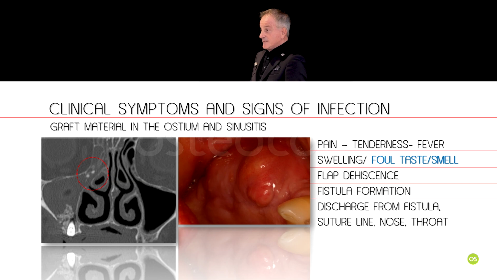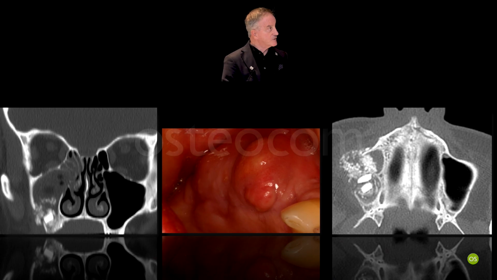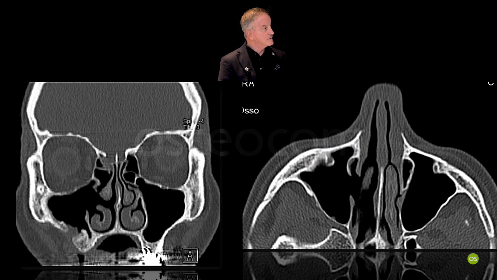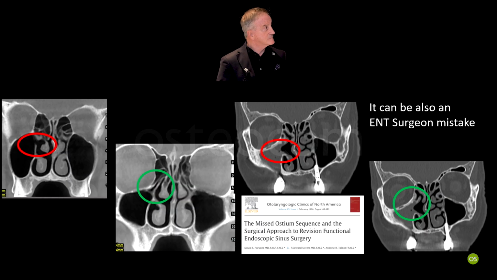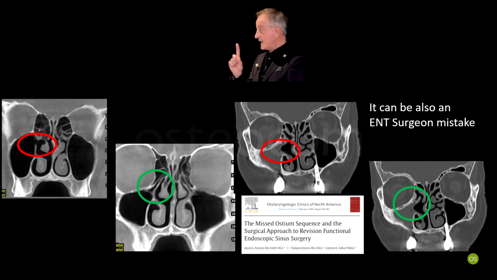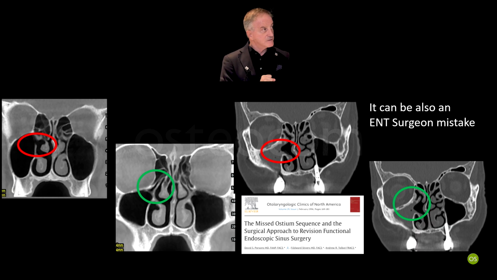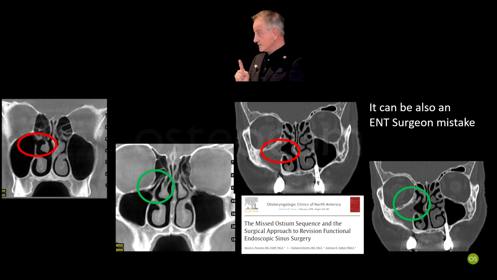When you have this, you don't wait and monitor. You have to do something. And you will be able to do a functional endoscopic sinus surgery, opening a new ostium, but you should send the patient to a knowledgeable ENT, and you should have the knowledge to evaluate the work of an ENT.